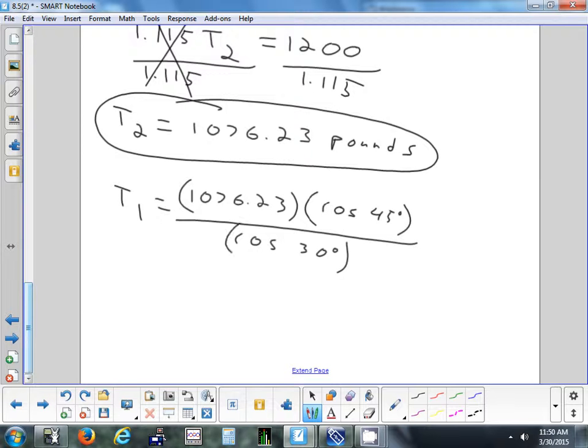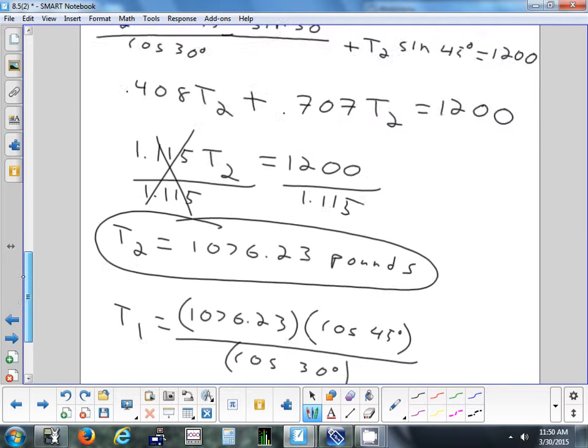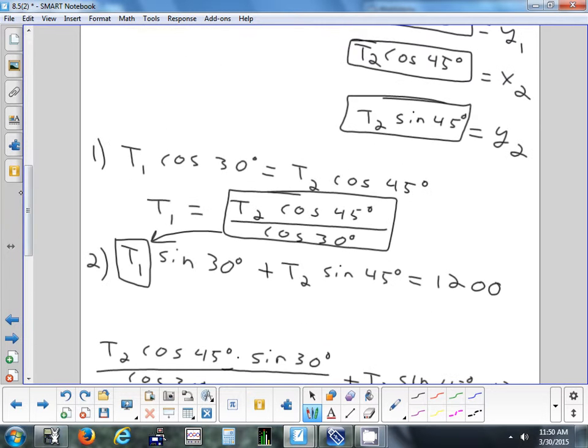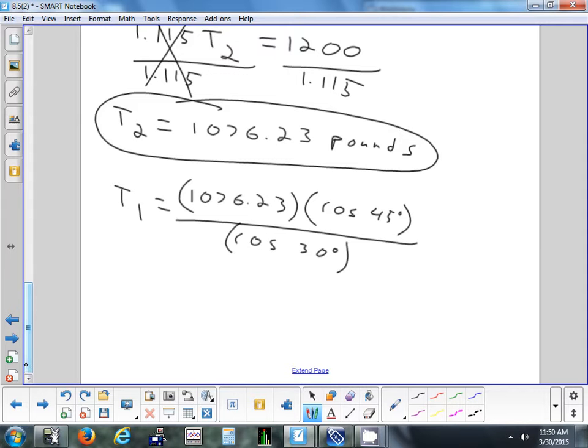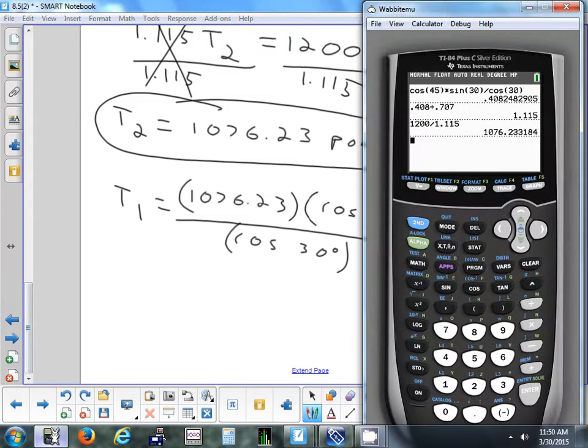So there's a lot of steps in this problem, but after you set up your right triangles and set force left equals force right, that's the physics part. Force up equals force down, that's the physics part. And you're done with your right triangles, then it's just Algebra 1 from this point down, solving a system of equations.